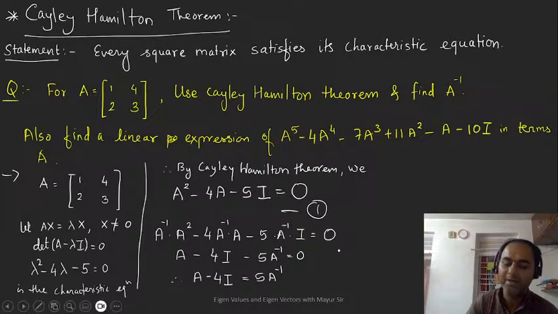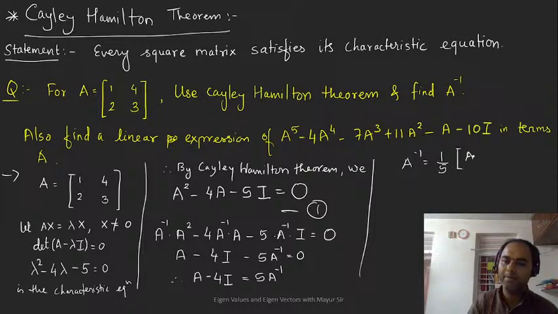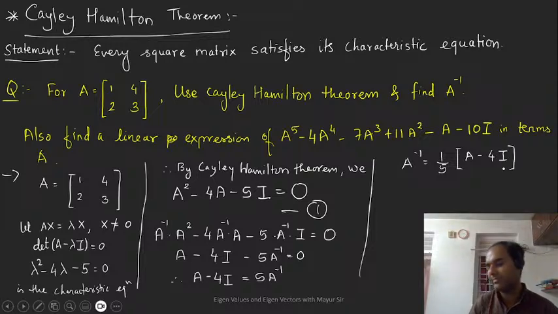This is what you get, and hence you have this: A inverse is nothing but 1 upon 5 (A minus 4I). Getting this? This is the A inverse.